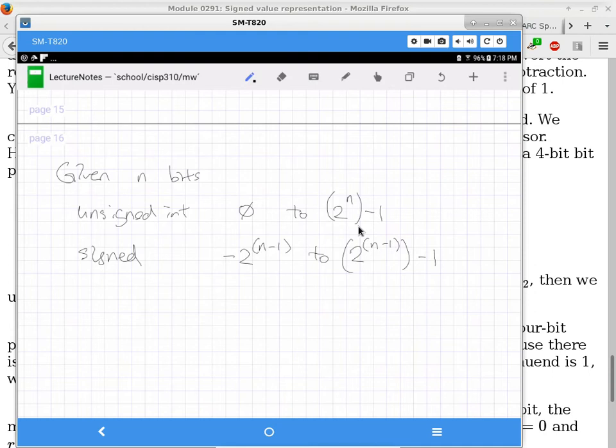If the professor says yes, 0 is also positive, then the professor will have to say yes, 0 is also negative. But in computer science, it is not. In computer science, 0 is considered a non-negative value. So that's why it takes up one spot on the non-negative side, and that's why we have this minus 1 when we need to work out the range of signed values.